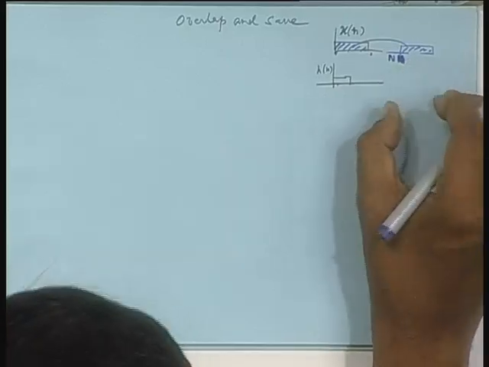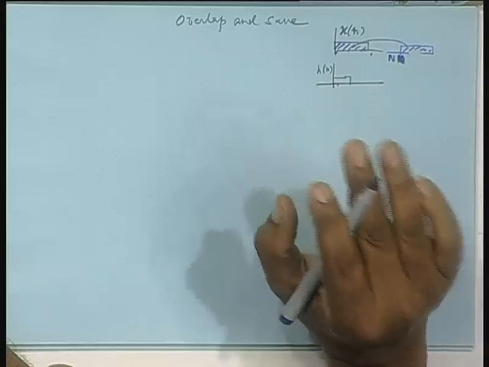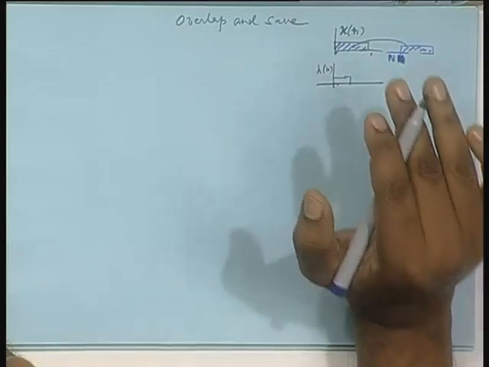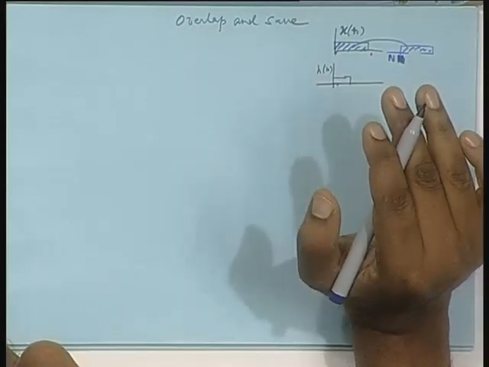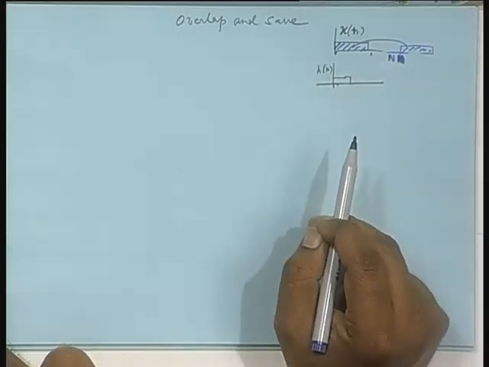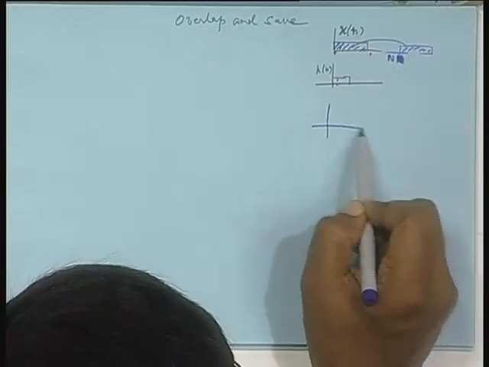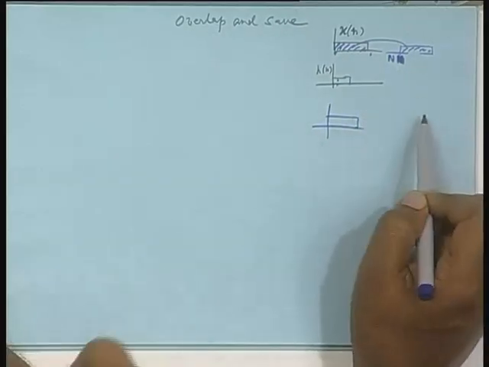My convolution result will be the same because the data has not changed, but the location at which the output will be placed will be what? Shifted by the same amount. Earlier, if the output were positioned here, it will now be shifted by the same amount.